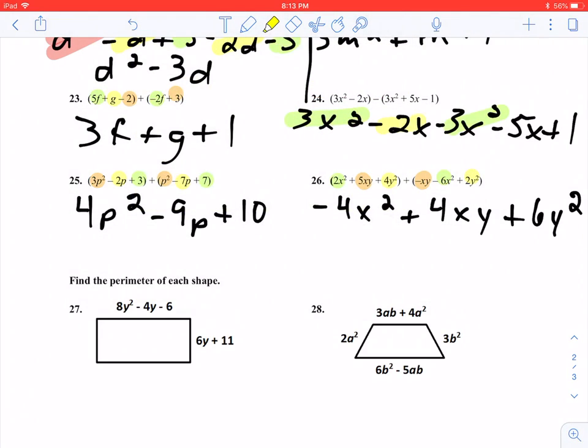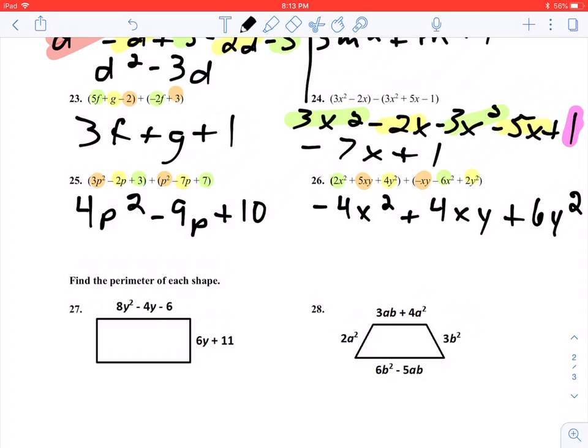Then negative 2x and negative 5x are like terms. And then the 1 is kind of off by itself. So the positive 3x squared minus 3x squared, those cancel. So the greens completely eliminate. We have negative 2x minus 5x is negative 7x. And then don't forget about the pink over there, plus 1. So there's your solution to number 24.